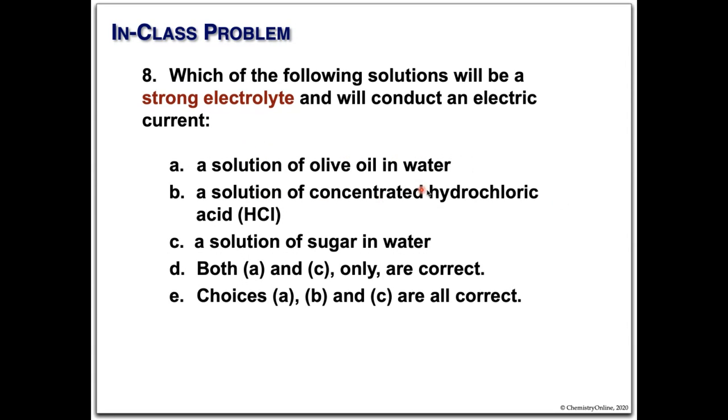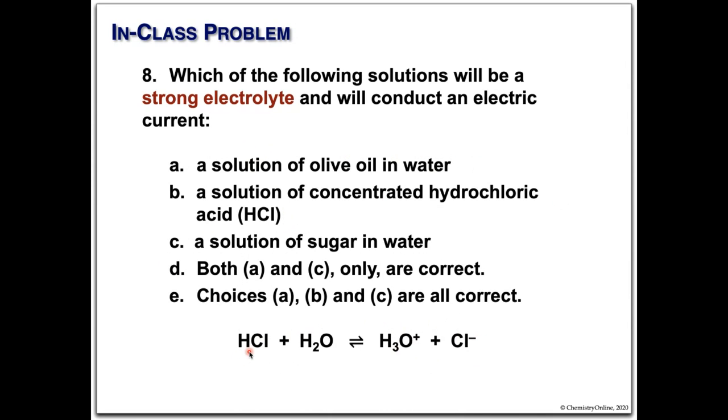A solution of concentrated hydrochloric acid. Well, remember, when hydrochloric acid hits water, it dissociates to form hydronium and chloride anion. Because it's a strong acid, that means that this equilibrium lies really far this way.